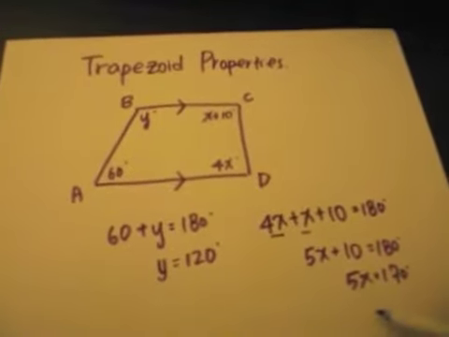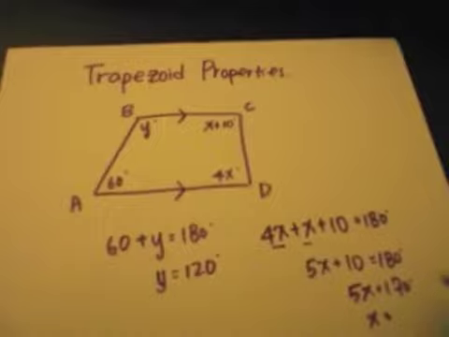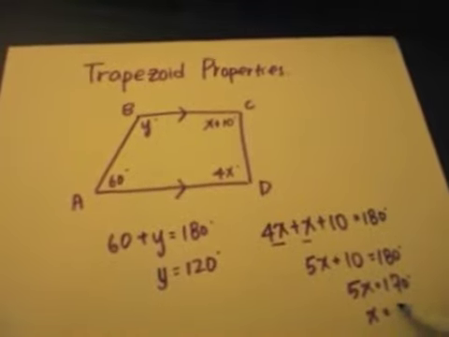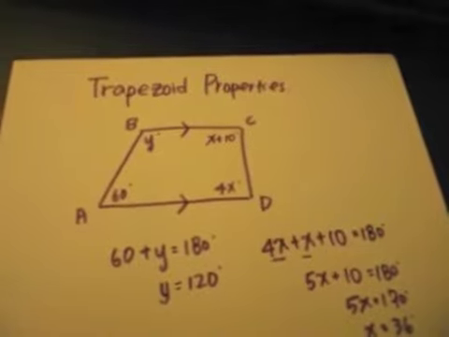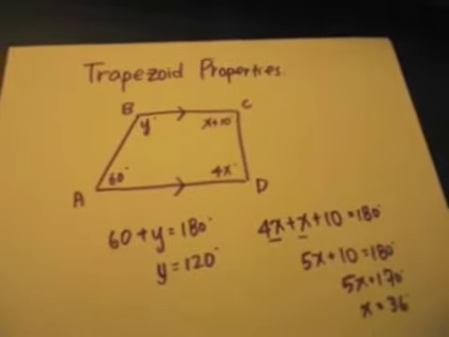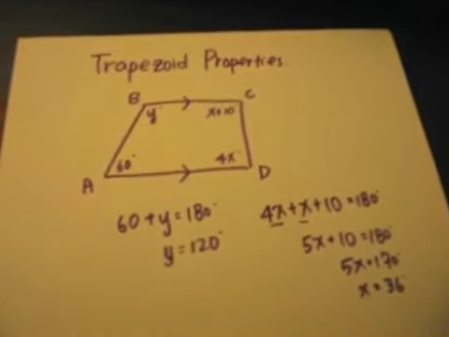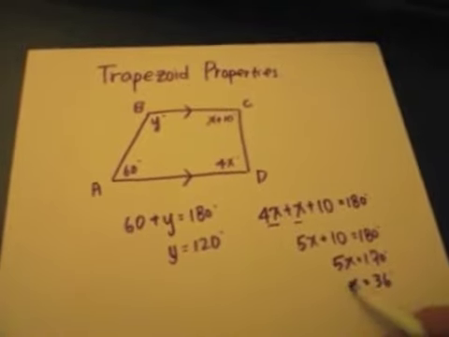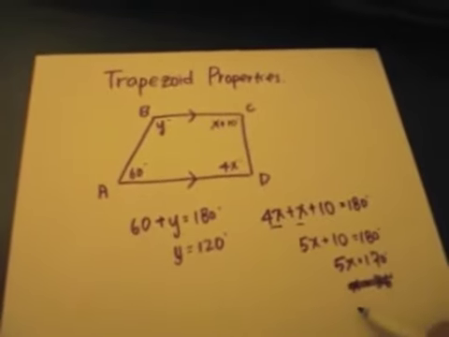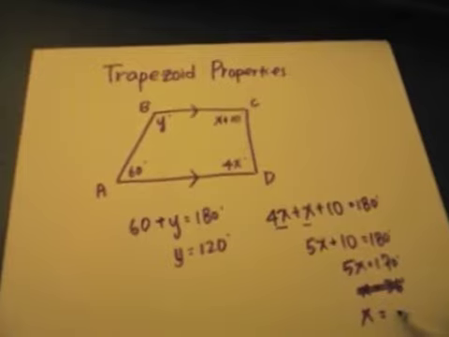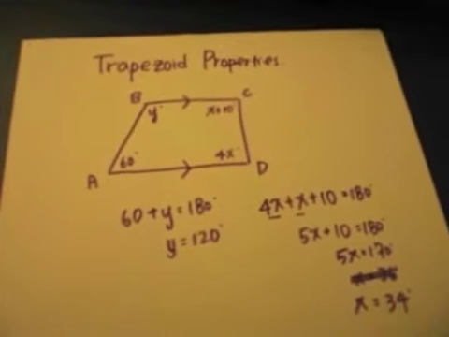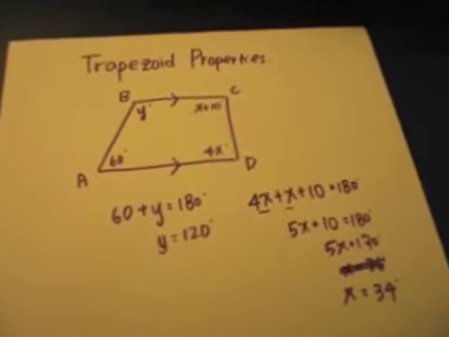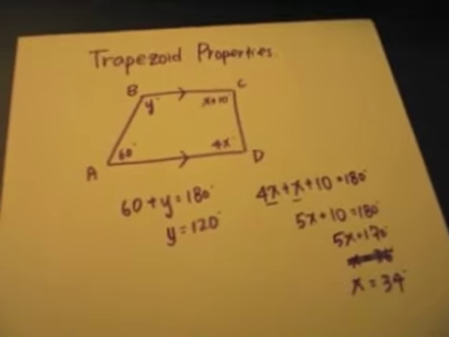Divide 5 on both sides of the equal sign, I get that x is equal to 36 degrees. Whoa! Hold up. Did I make a mistake? Yes, I did. X is not equal to 36 degrees. X is equal to 34 degrees. It's okay to make mistakes, everyone, as long as you learn from them.